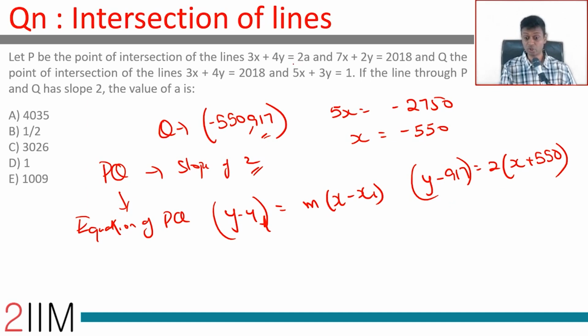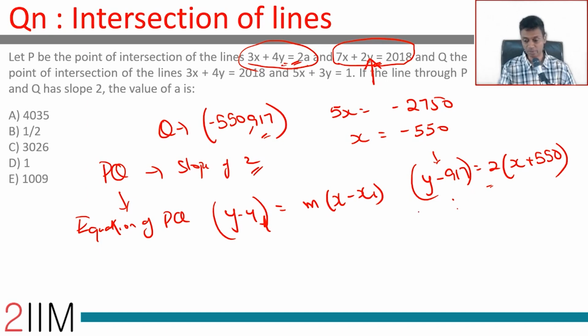The three lines are all concurrent: all three lines pass through P. The three lines that we have, 3x plus 4y equal to 2a, 7x plus 2y equal to 2018, and this line, they all pass through P. So if we solve this and this, we'll get P. Substitute the values of x and y here, we'll get A.